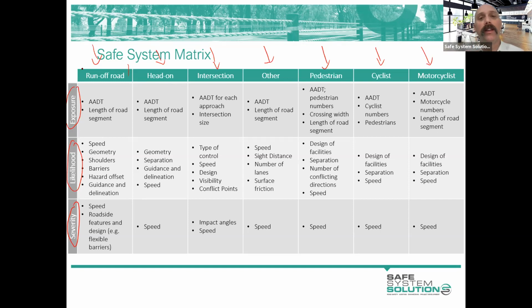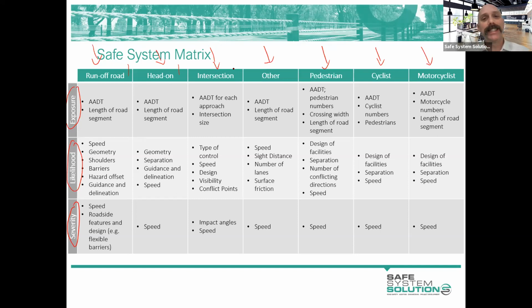Head on is obviously leaving their lane, striking a vehicle that is also traveling straight on that road. If the vehicle is making a turn and you strike the front of the vehicle, but the vehicle is in a turning maneuver of some description, that's an intersection crash, so not a head-on. Even if it hits the front of the vehicle, it was because they were trying to turn. But these are passenger vehicles as well, or heavy vehicles potentially.